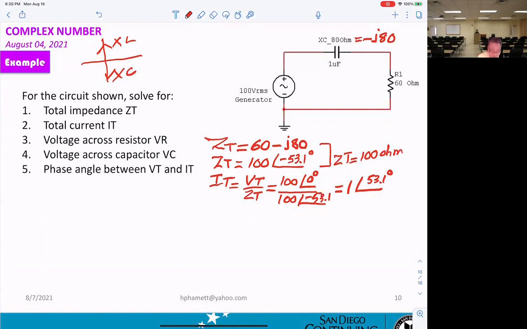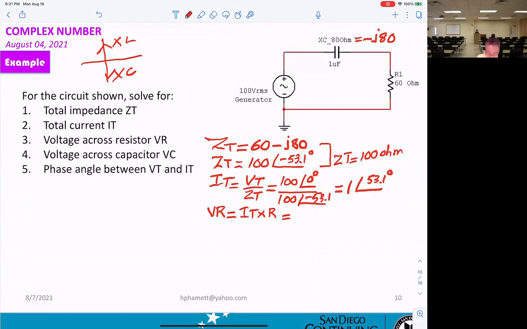And if you want to calculate VR, VR will be IT times R. You understand, multiply, then you will be using polar form.